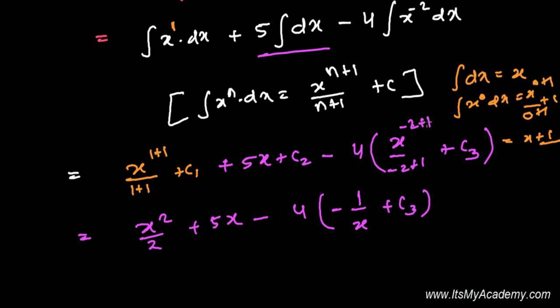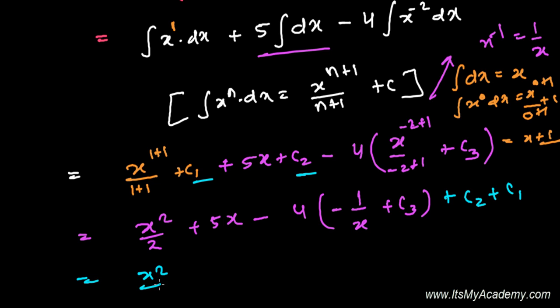It's minus 2 plus 1, so it's going to be x to the power minus 1, and you can write x to the power minus 1 as 1 over x. And then finally, what about the other constants?